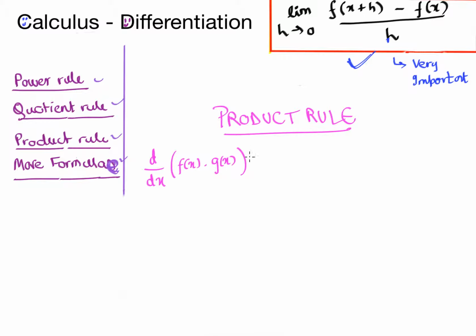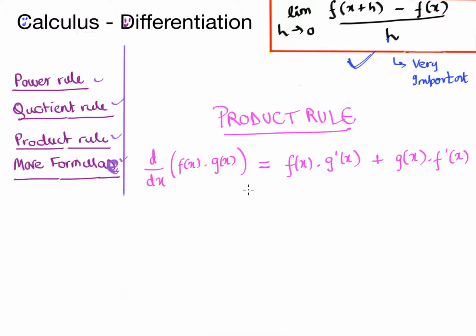Now what is the derivative of this? There's a method to prove it, and I'm not going to prove it over here. We have f of x times the derivative of g of x, plus g of x times the derivative of f of x.